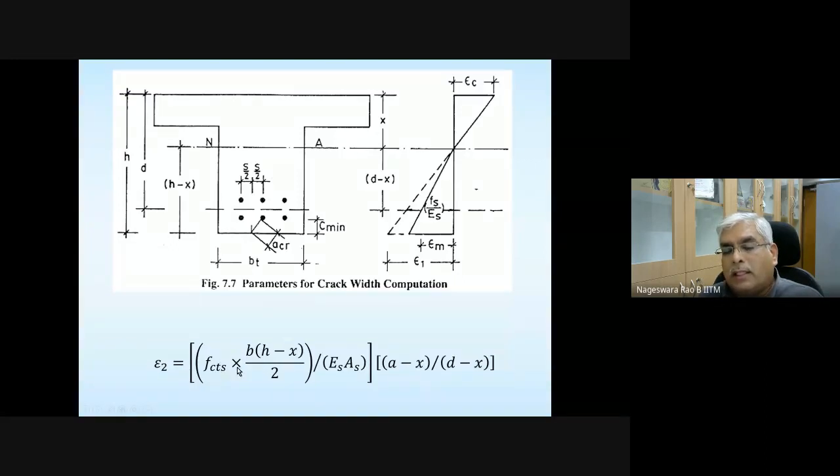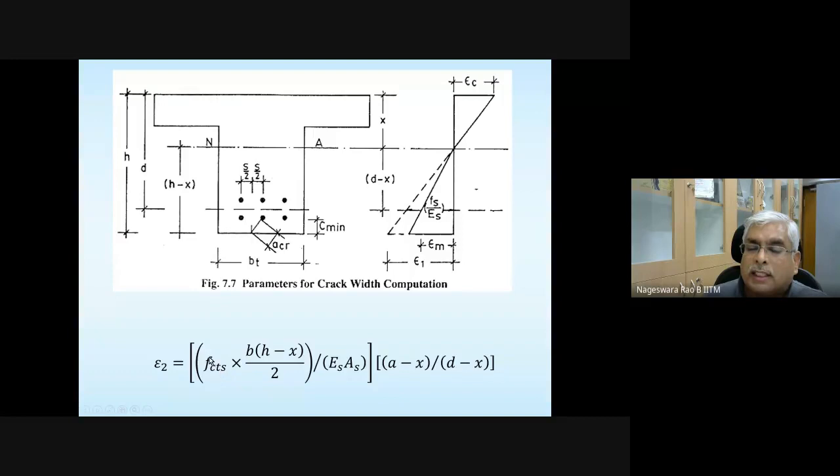Okay. So let's assume concrete tensile strength. FC is the strength corresponding to concrete, TS is tensile strength. So let's assume the concrete tensile strength is FCTS, and the stress.